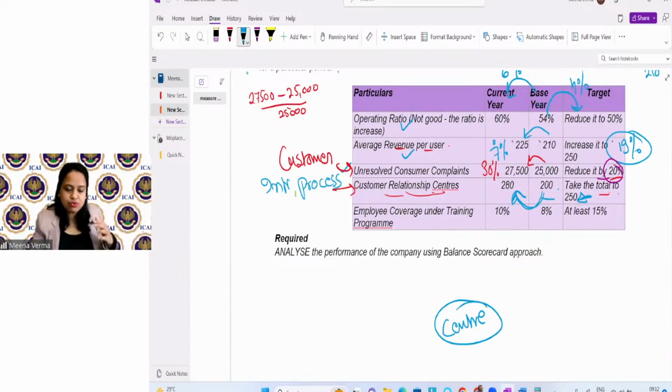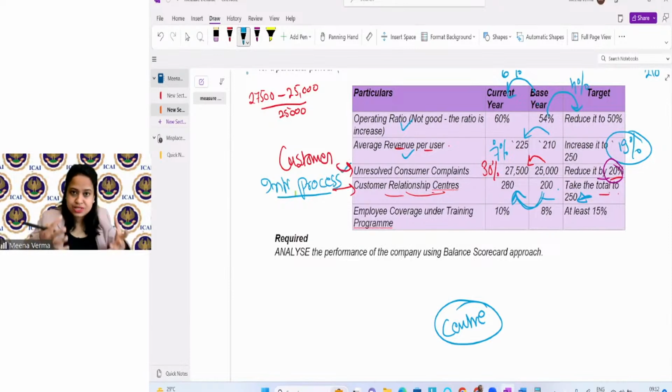If you want to recharge your phone, or if you have any complaint regarding broadband, you can go to Airtel or Jio and tell them. So the company has different centers where they provide services to their customers. This is actually their business process, so for that reason, we are considering it under internal business process.